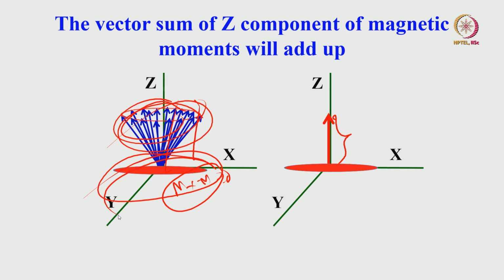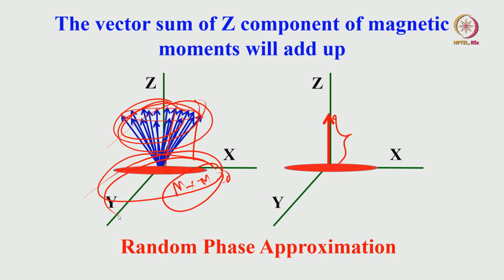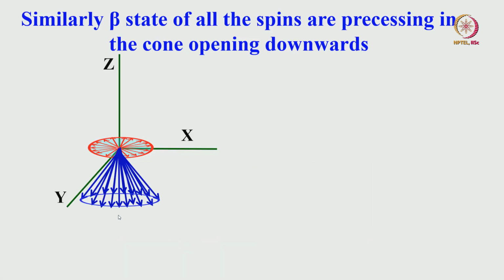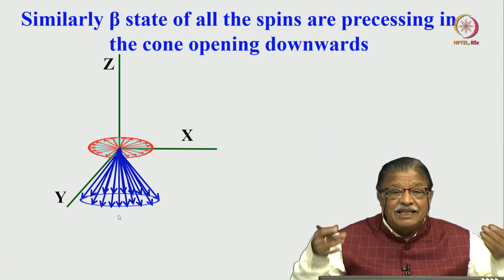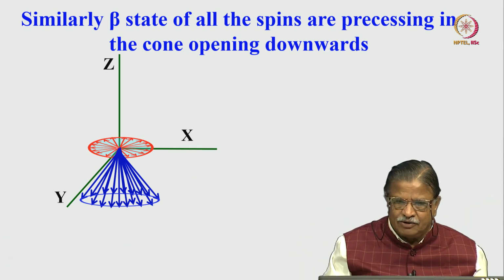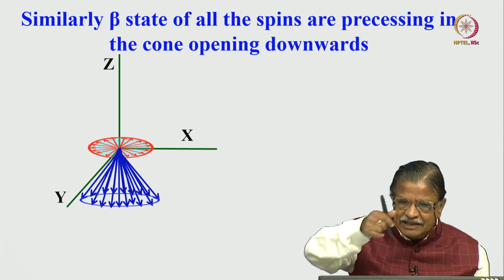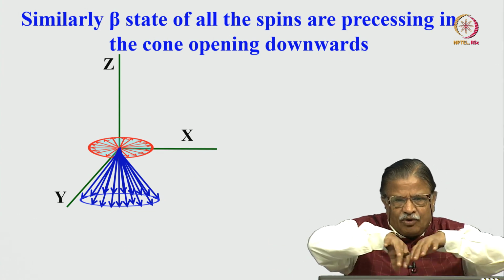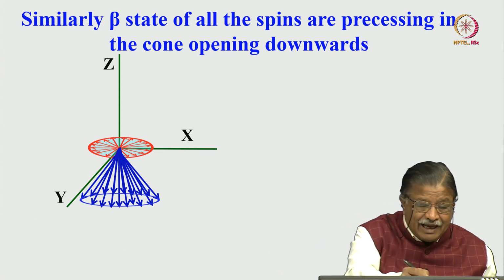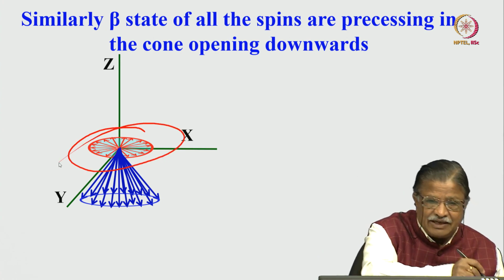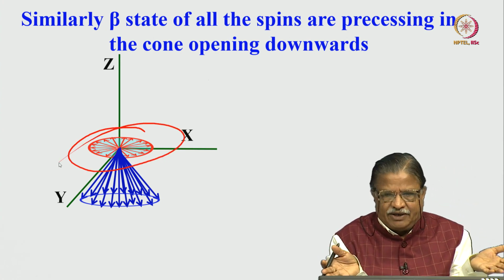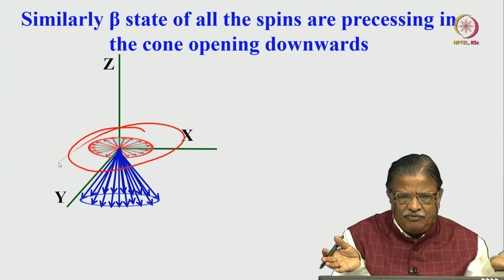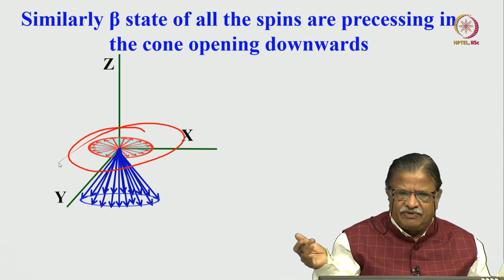Now we will go to the other situation, all the nuclear spins which are in the beta state. As I told you, in the beta state they will be in a cone opening downwards. Again if you take the ensemble average, I can resolve the magnetic moment of the beta spins into three components, x, y and z.